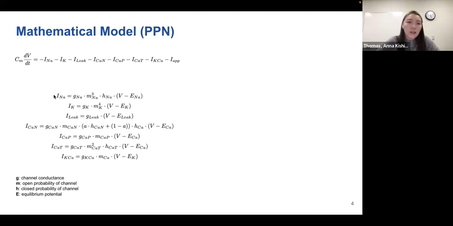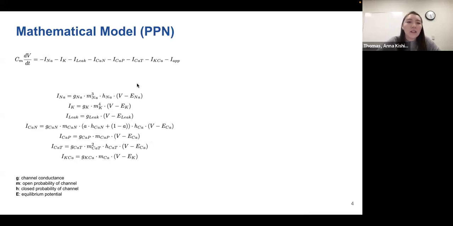So for many of the channels, the opening and closing of the channel depends on voltage, just the current membrane voltage. But for some of them, they only depend on the calcium concentration on the intracellular side, or some have, in this case, a mix of voltage as well as calcium-gated currents. And they have different time constants, so they all operate at different rates.